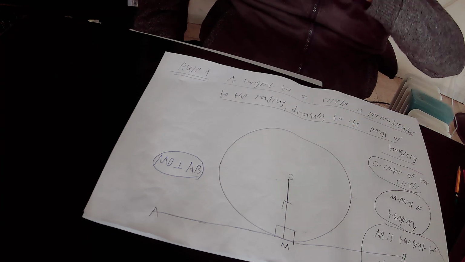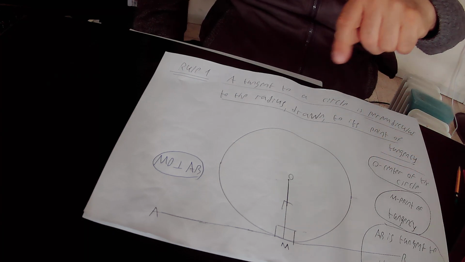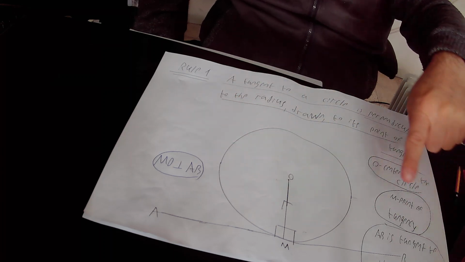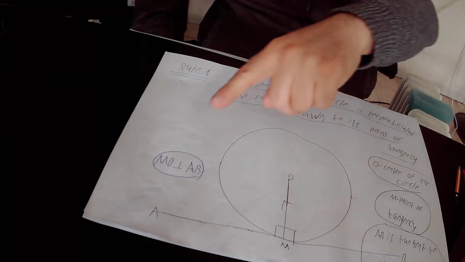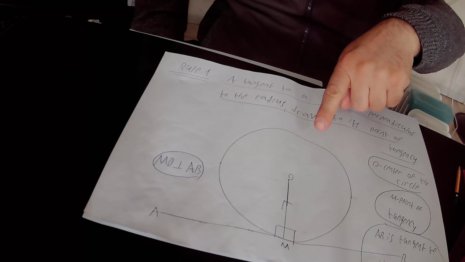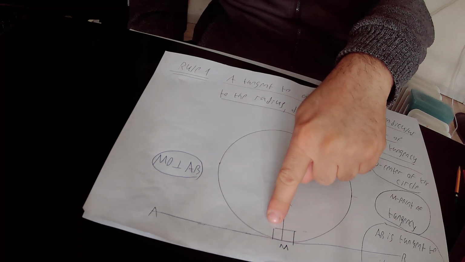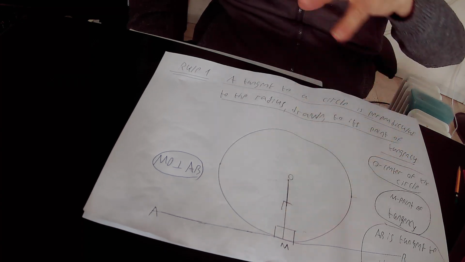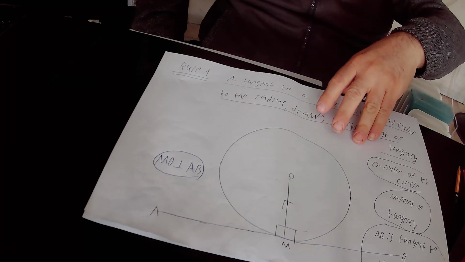And whenever you have a radius drawn to the point of tangency, then tangent AB will be perpendicular to the radius MO. If AB is perpendicular to MO, it means that this angle equals 90 degrees and this angle also equals 90 degrees according to rule 1.